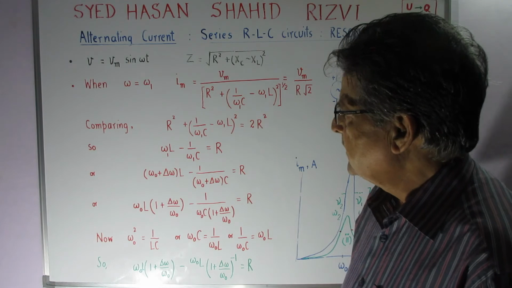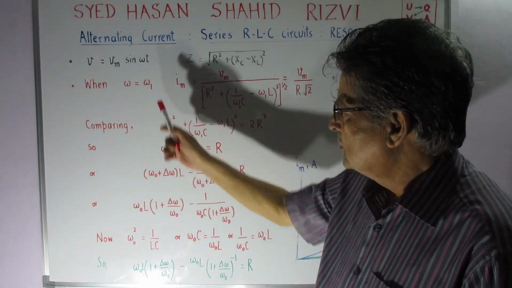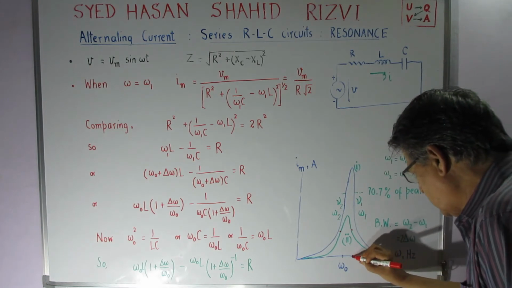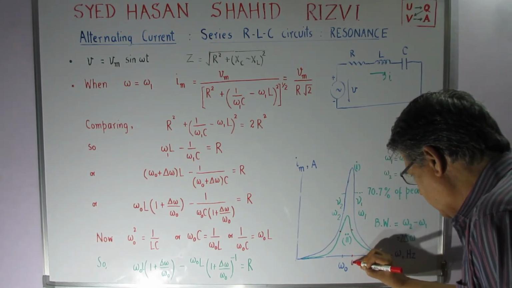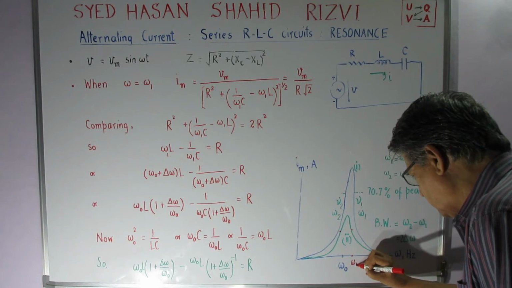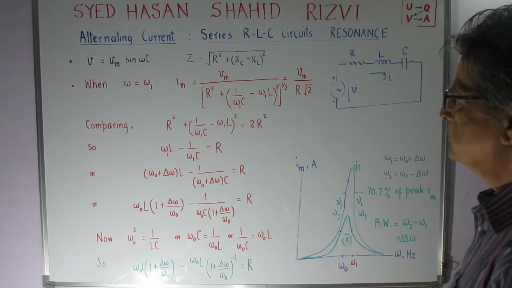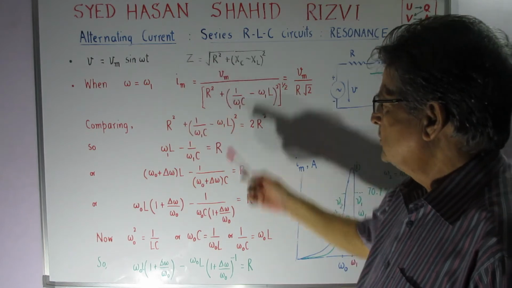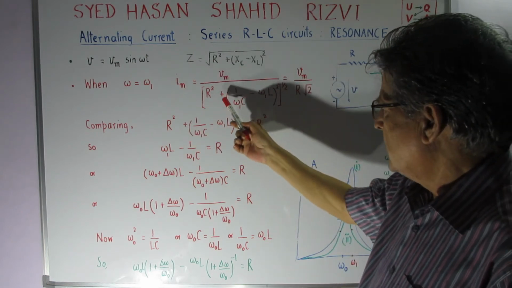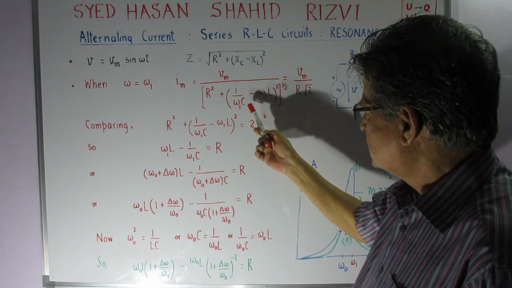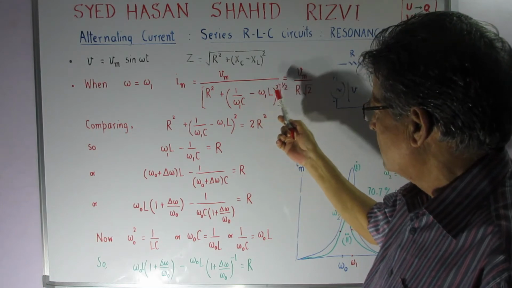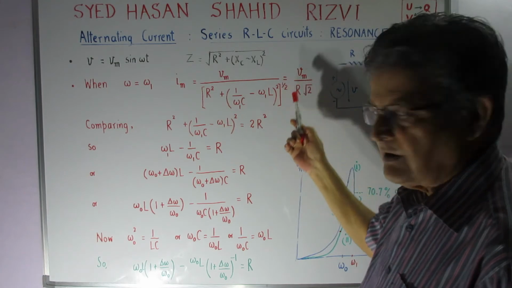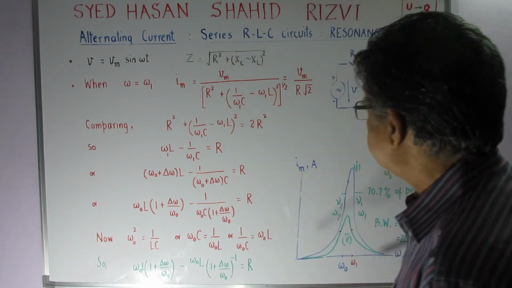What we have, the equation, when omega is equal to omega 1, this frequency over here, the higher of the two half power frequencies, omega 1 here, then I can write Im is equal to Vm upon [R square plus (1 upon omega 1 C minus omega 1 L) whole square] whole raised to the power of half, that is under root.